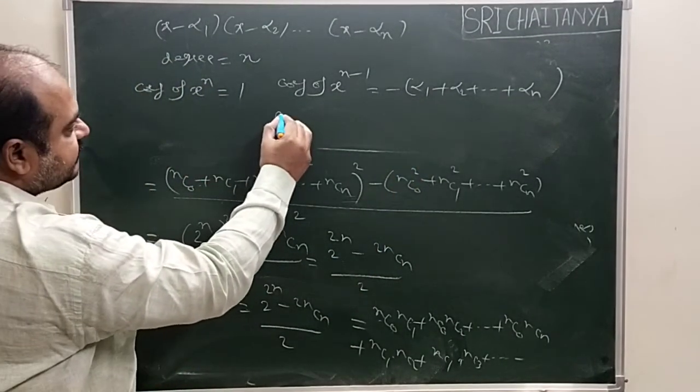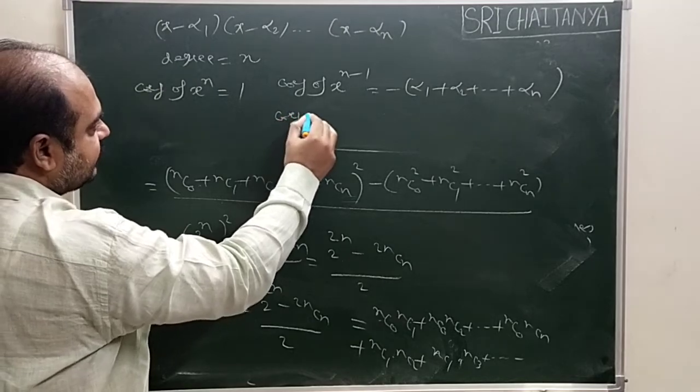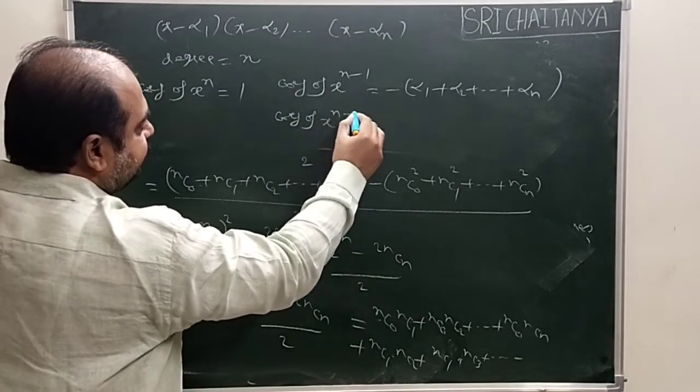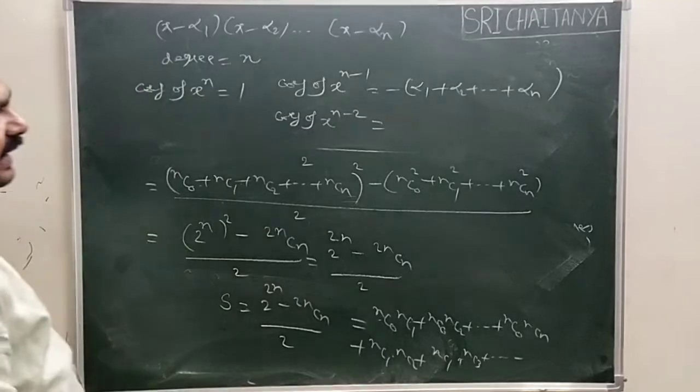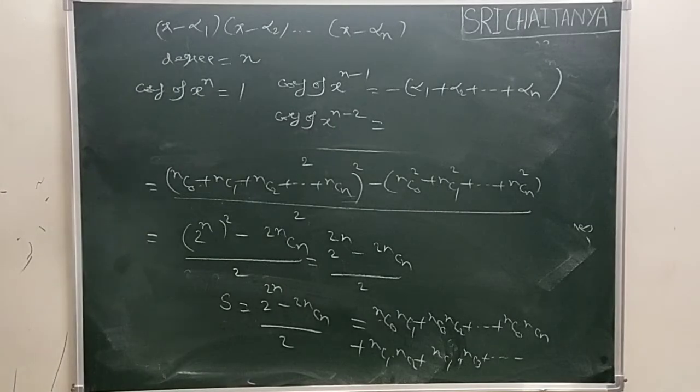So next, the coefficient of x power n minus 2. What will you get?